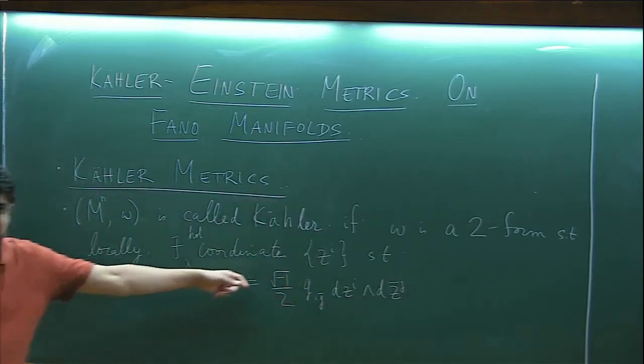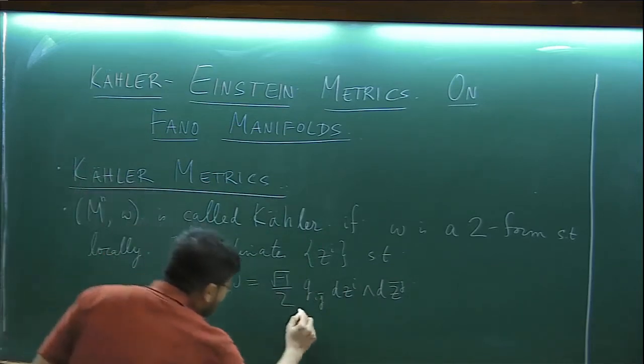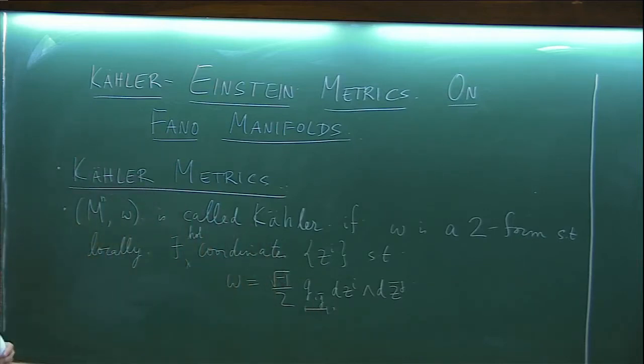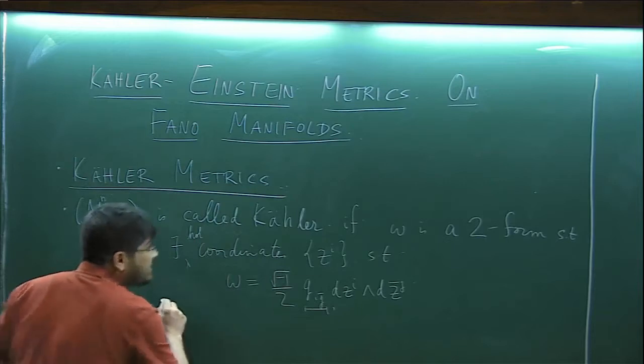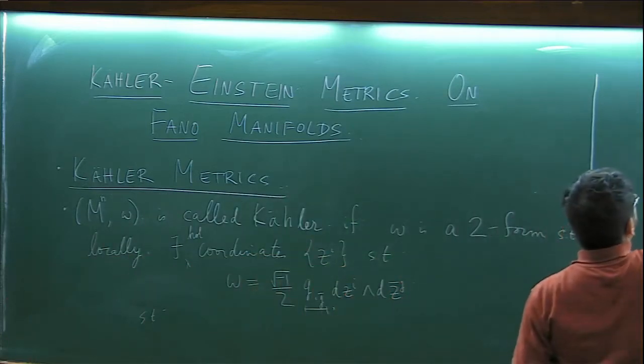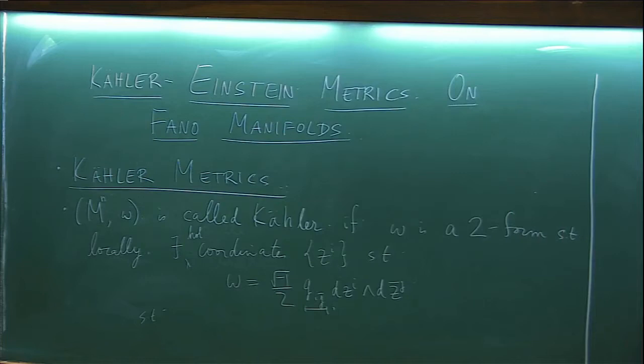Again, this is very similar to what we saw in the morning, where these G_{ij̄} form a local matrix of functions, and we want them to satisfy the following two conditions. G_{ij̄} is Hermitian symmetric and positive definite.